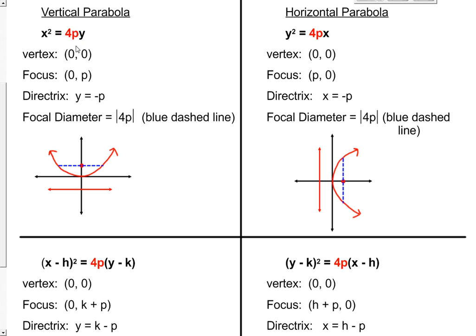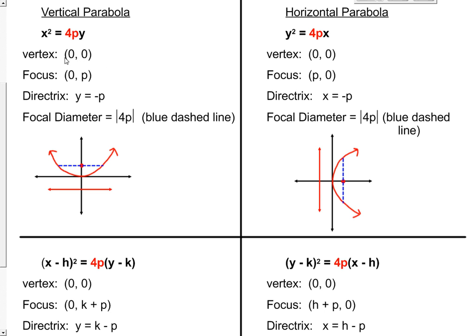So you're going to be given a number multiplied by the y, or a number multiplied by the x over here in the horizontal. And that number is going to help us find that p value that we need for the focus, the directrix, and the focal diameter. So it's very important to know that number right there and know what to do with that number.